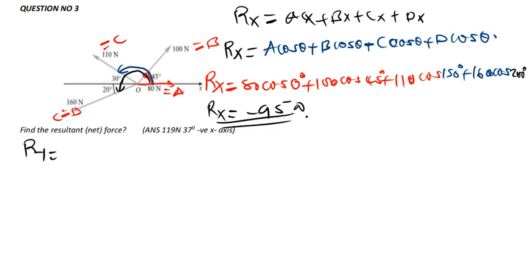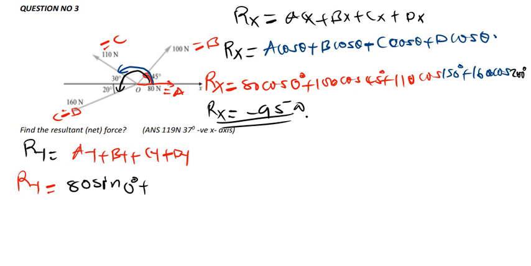Ry will be as a result of Ay plus By plus Cy plus Dy. So my Ry will be equal to my A. In this case, we know already it's not going to change. It's 80 sine, in y we use sine 0 degrees, plus B is 100, then sine the angle.